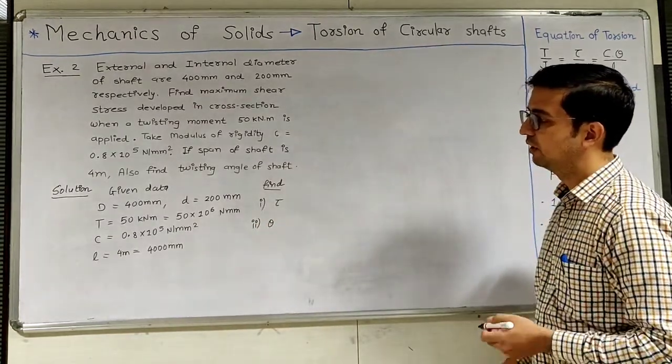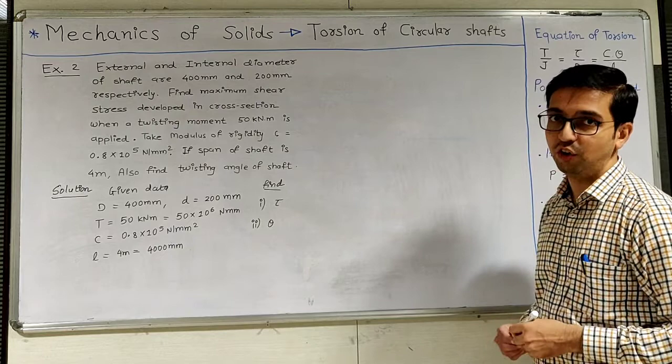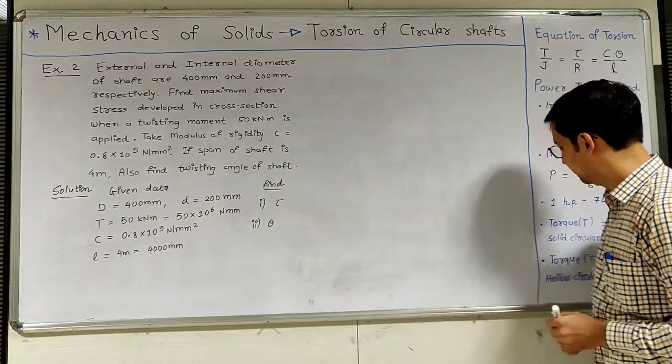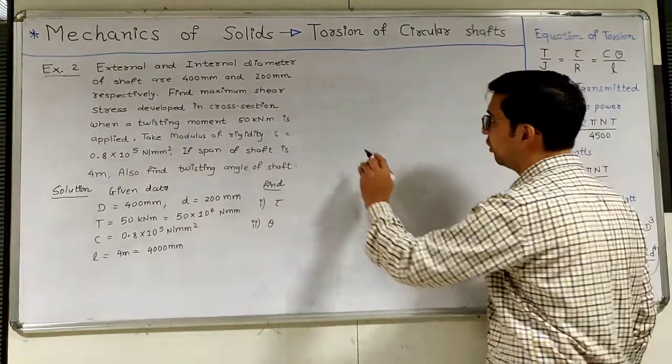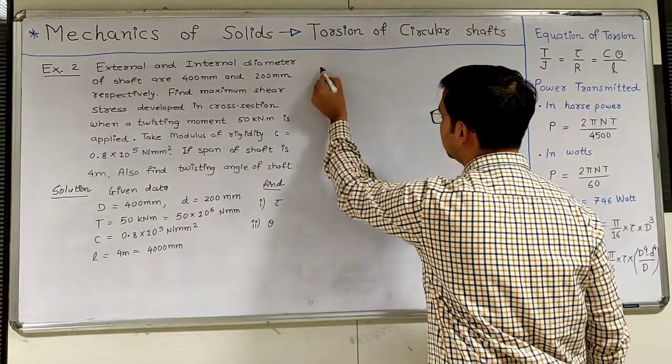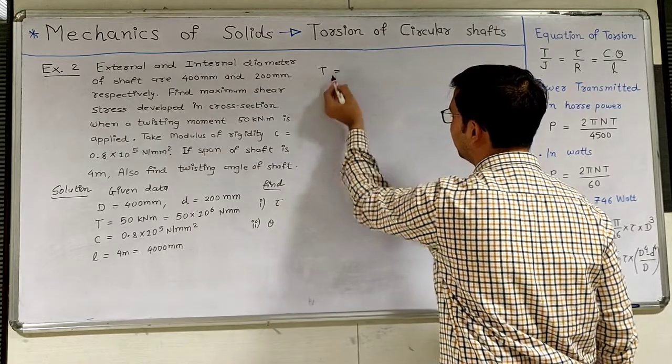As we know, the type of shaft is a hollow shaft. So the equation of torque generated in a hollow shaft is pi by 16 into tau into bracket capital D raised to 4 minus small d raised to 4 divided by capital D, bracket close. So first note down the equation of torque generated in a hollow shaft.